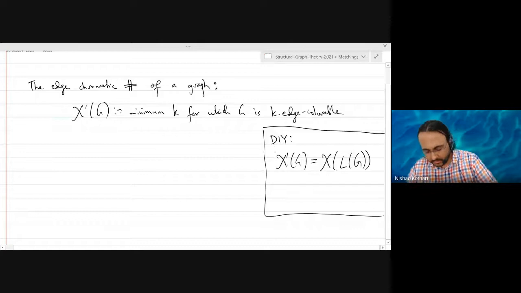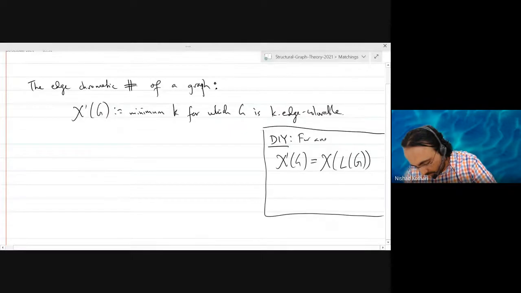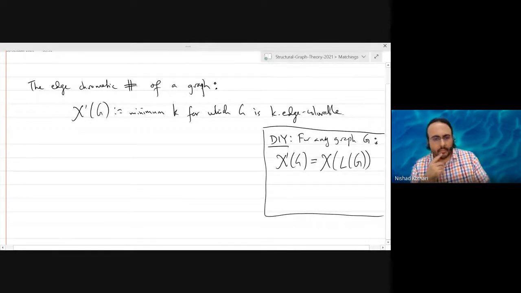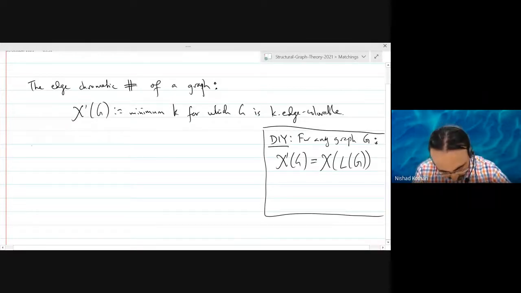Okay. So that's a simple do-it-yourself exercise. Okay. And so let's talk about lower bounds and upper bounds.